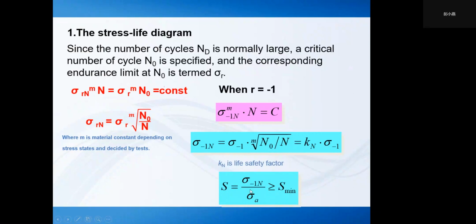And this is the actual stress acting on the element, usually the maximum stress. And N0, we usually choose the 7th power of 10 times.